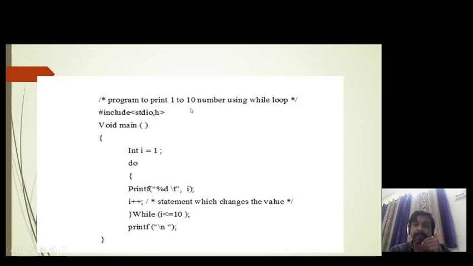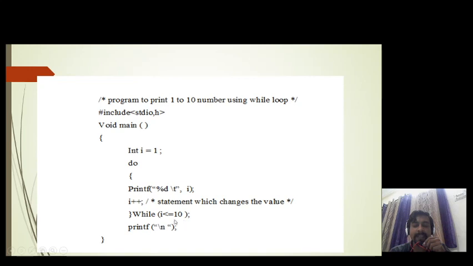A very similar example to print 1 to 10 using a do while loop. Here I initialize i is equal to 1, which is my initialization condition, similar to my while loop and for loop. Here I give the syntax do. Inside do I print the value of i. Here i is printed at least one time, and then I give i++, which is my updation operator, either incrementing or decrementing. Here I want to increment the value of i by 1, and I test the condition while i is less than or equal to 10.